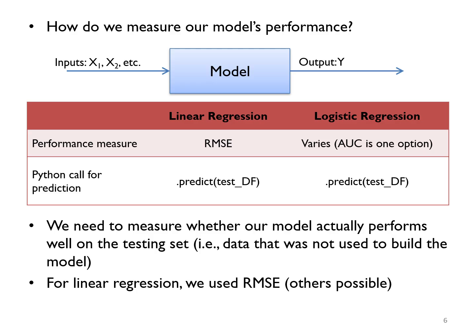The Python call for making a prediction is your model, the name of your model, dot predict, and inside the parentheses, if you leave it blank, it's going to make a prediction on the data that you used to build the model. But if you're going to predict on a testing set or another data set, then you would have to put in a data frame in there.